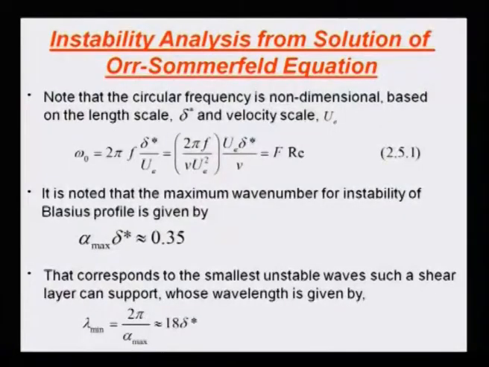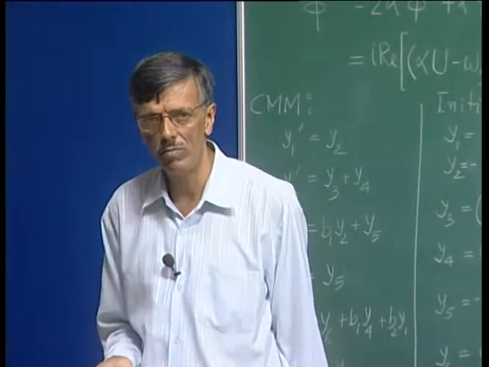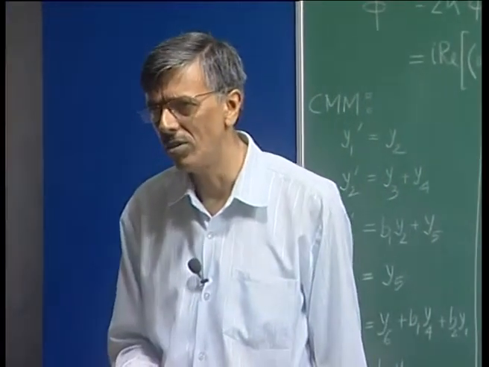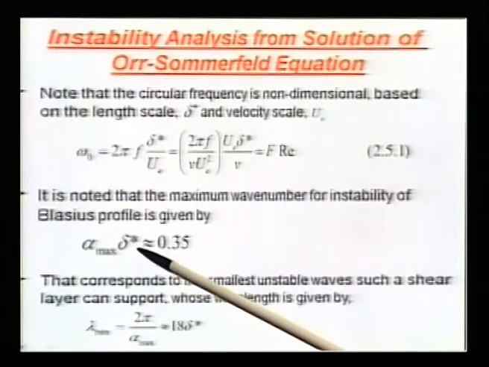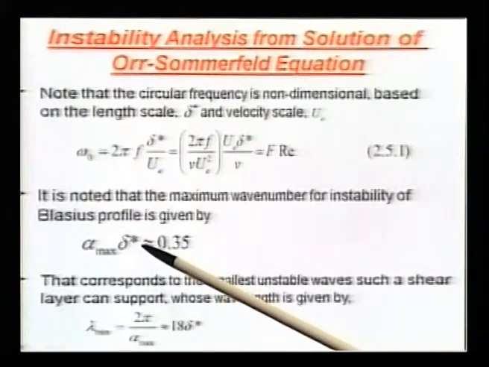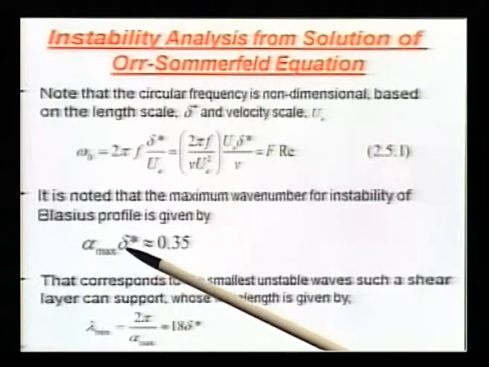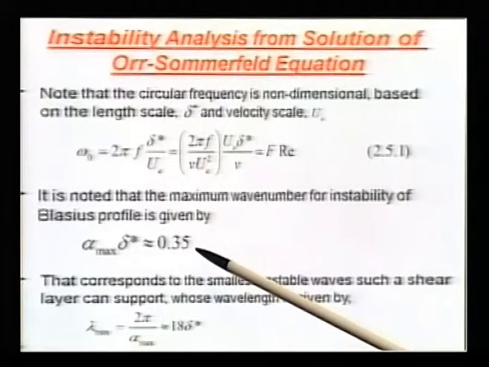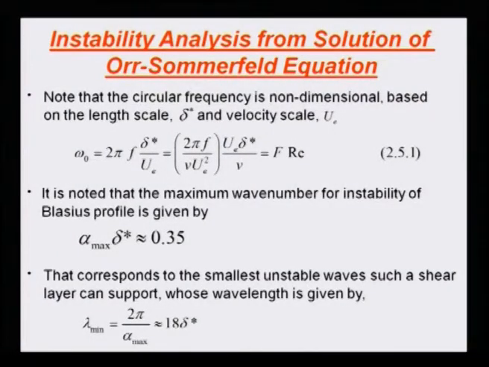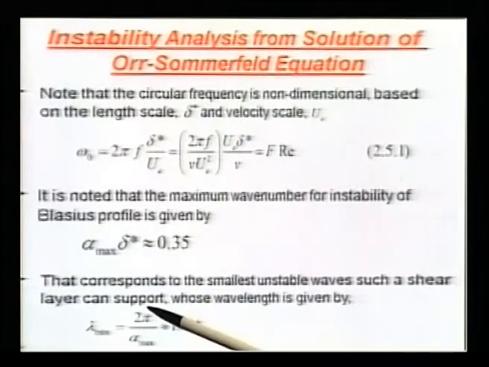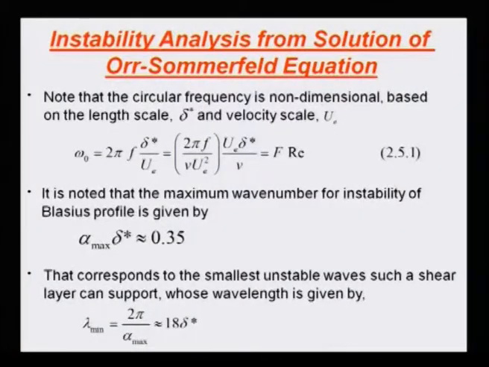Please do understand that all the quantities that we are displaying and noticing are non-dimensional. What is the dimension of alpha? Alpha has a dimension of 1 over length. So, what I am writing as non-dimensional alpha, in dimensional form I multiply by the length scale. So, alpha max is 0.35 by delta star, and that will correspond to what? Minimum wavelength lambda min, which is 2 pi by alpha max, and that is roughly about 18 delta star.